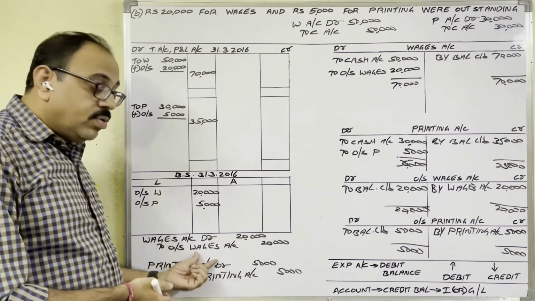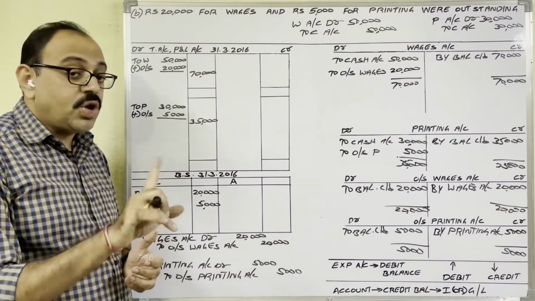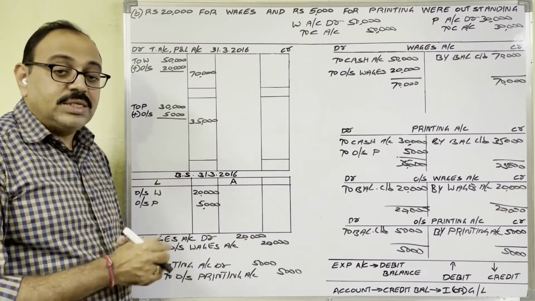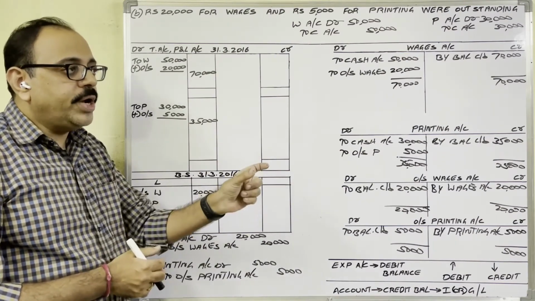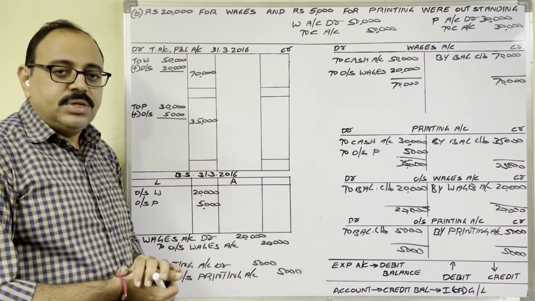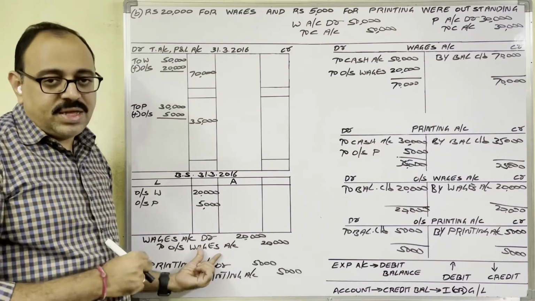So wages account is a nominal account. Outstanding wages account is not a nominal account. It is a personal account, because wage we have to pay to a particular labor. Means indirectly one worker's name we are writing here.